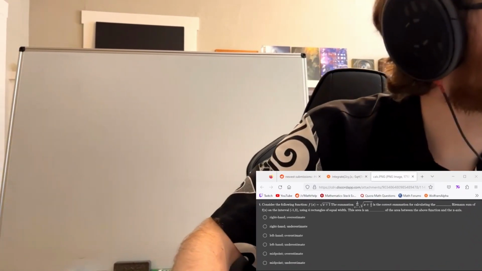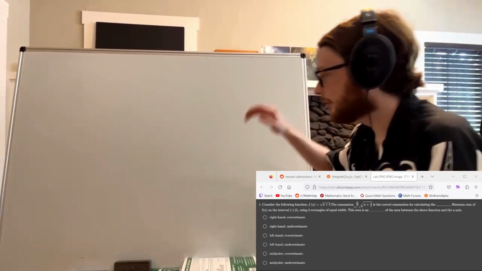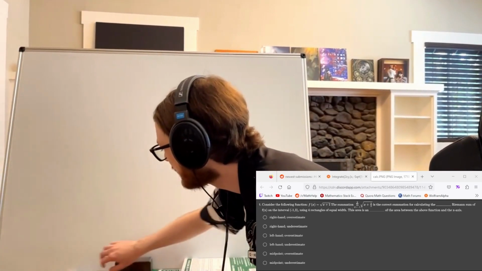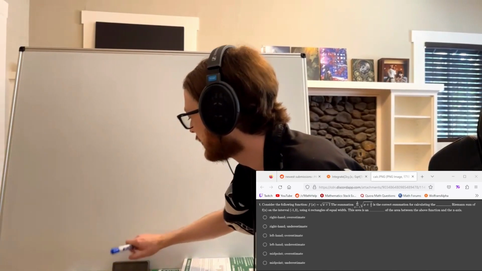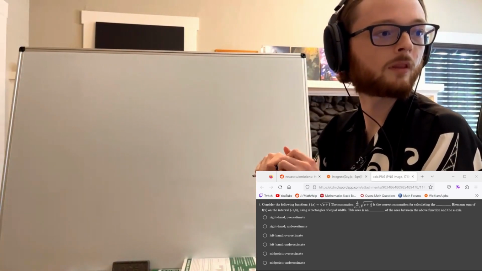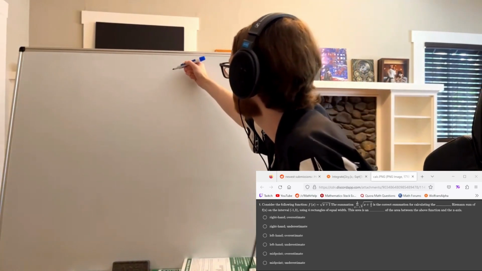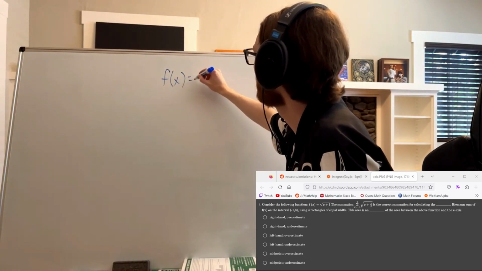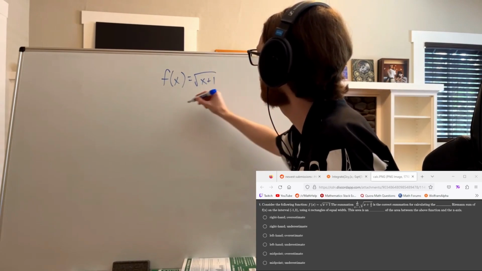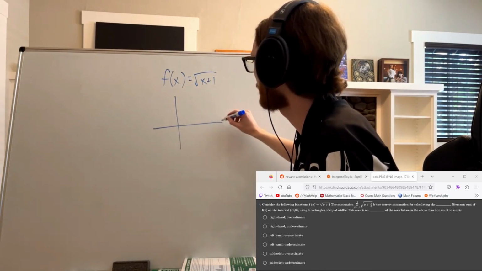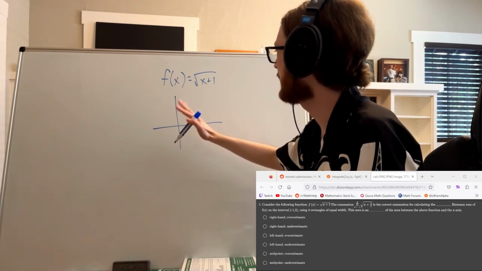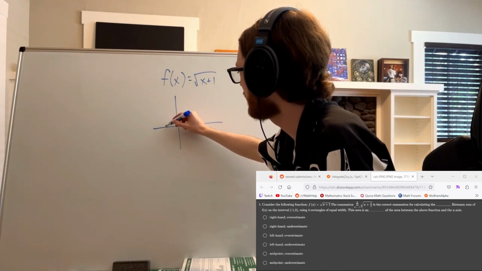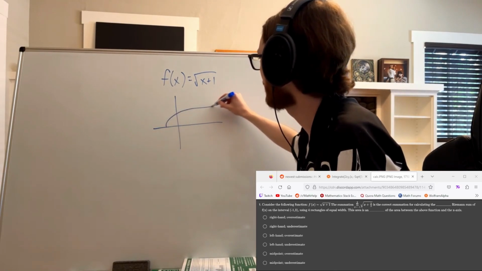Okay. Finally, we get to go on the whiteboard here. So our function is f of x equals root x plus 1. Let's quickly graph this. The function is a sideways parabola starting at -1 because it's x plus 1.